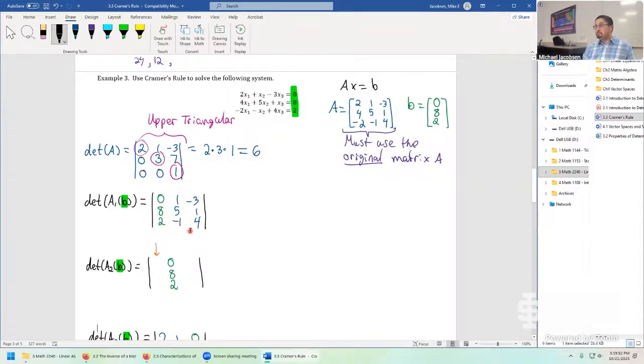So is that really a problem though? Because when we do the row operations, we're not actually changing the solutions, right? That's true if we're just dealing with a row operation in, say, Gaussian or row reduction for solving the solution.